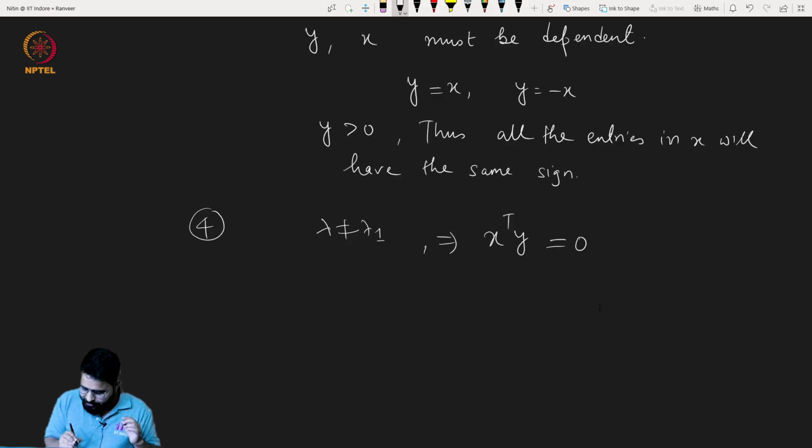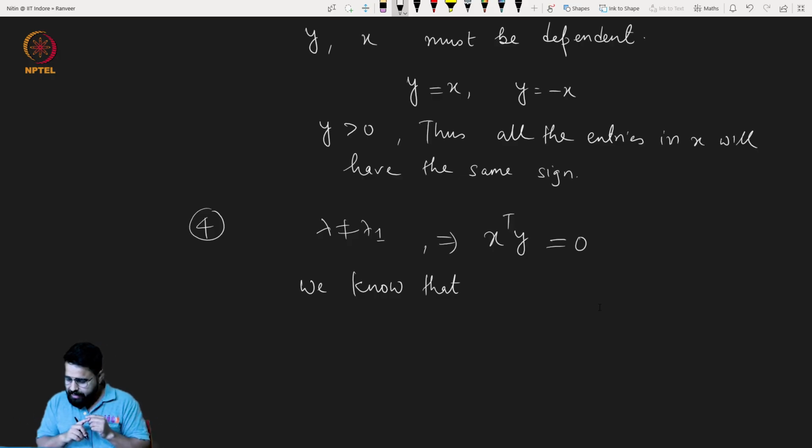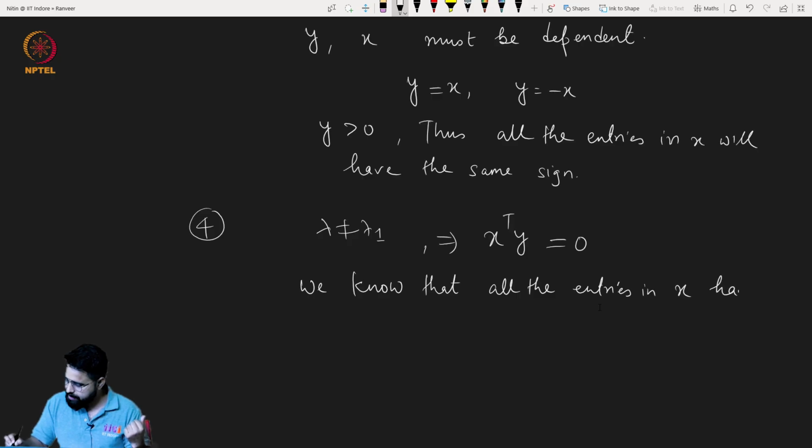Now this implies that this is 0, right? But we know that all the entries in X have the same sign.